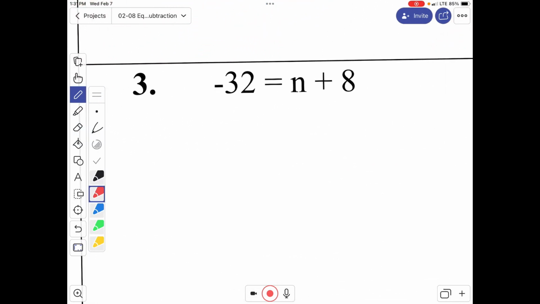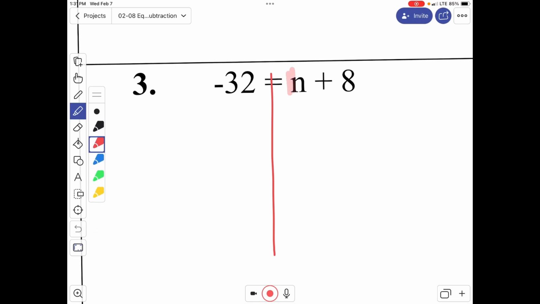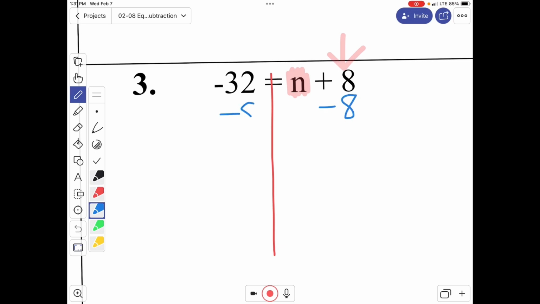Number 3. Ooh, I can already see we have a negative number. Draw the wall, find the variable. So the one we need to get rid of is plus 8. The opposite of plus 8 is minus 8.